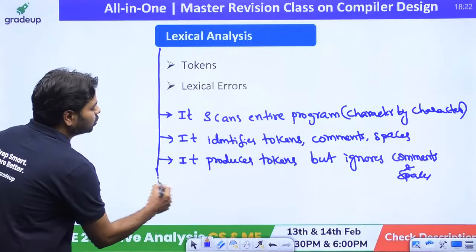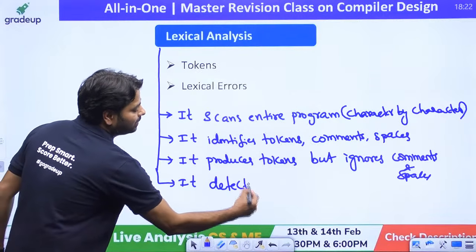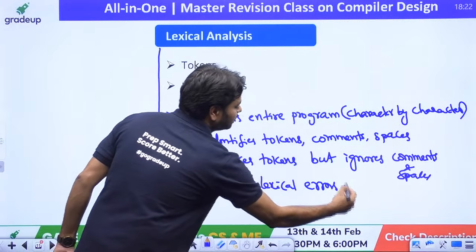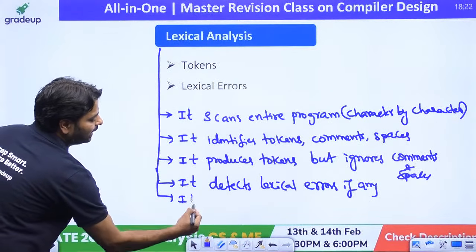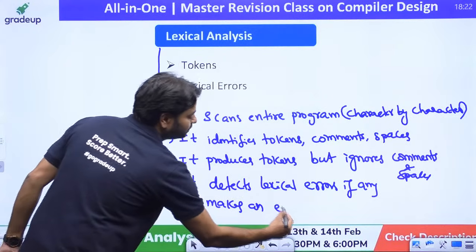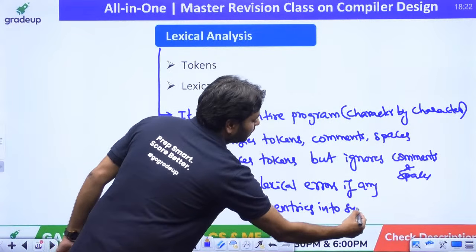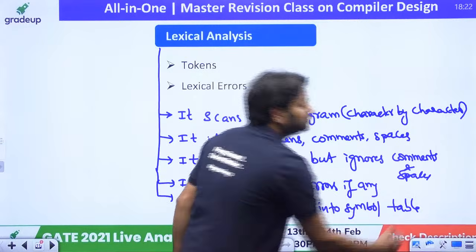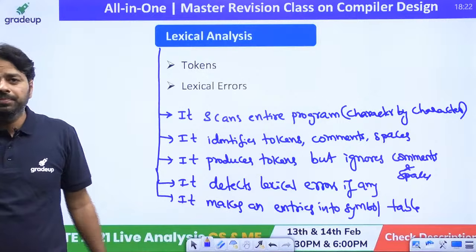And there is one more job. It detects lexical errors, if any. And also it makes an entry into the symbol table. Which kind of entries? Whenever it detects a token, if that token is an identifier, it is going to make an entry into the symbol table. Everybody agree?